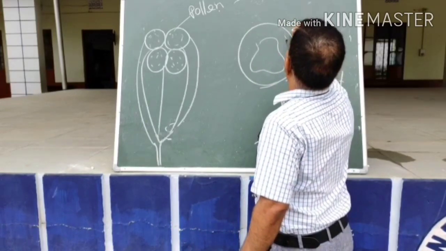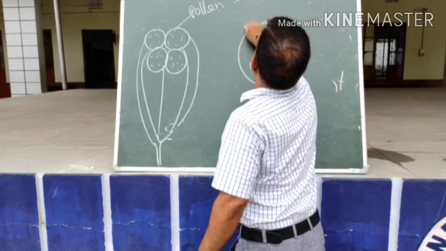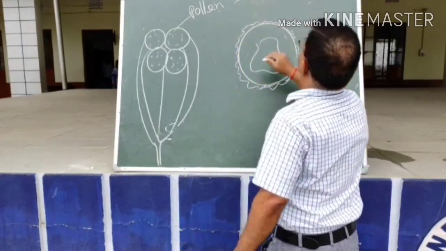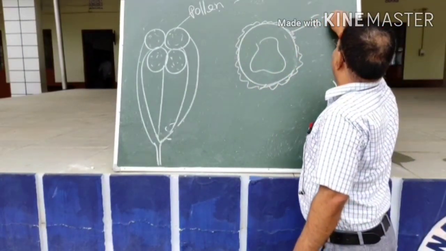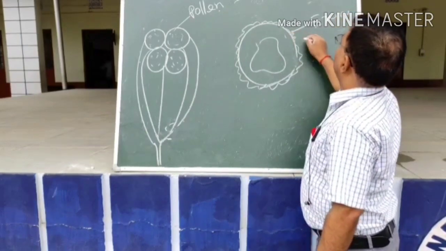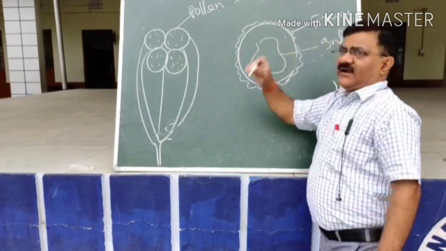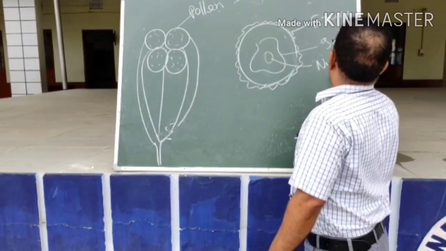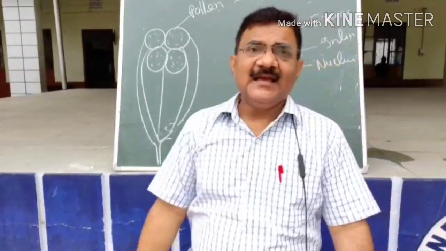The outer layer is rough, which you will read in higher classes, and is called exine. The inner layer is smooth, called intine. And it contains a nucleus, meaning it is a cell. The nucleus contains the male gamete, meaning sperm.